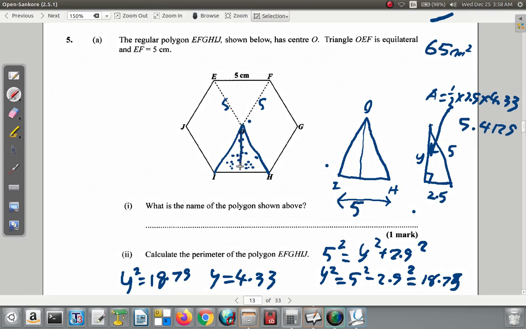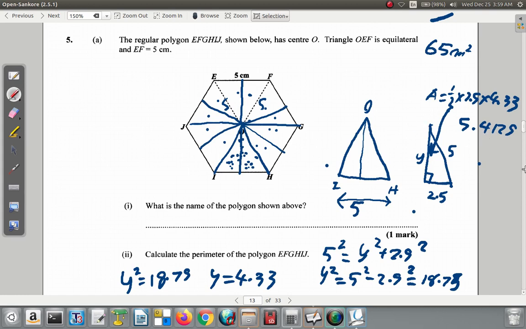Now, having cut it up like this, you would have two of them here. You would have another two. So each would be cut up in that way. So how many would you have? Well, you could see it would be 12. Let's count it. 1, 2, 3, 4, 5, 6, 7, 8, 9, 10, 11, 12 of them. So there are 12 of 5.4125 centimeters squared.